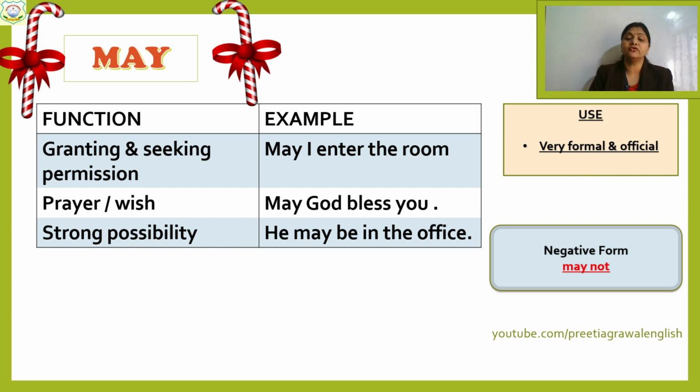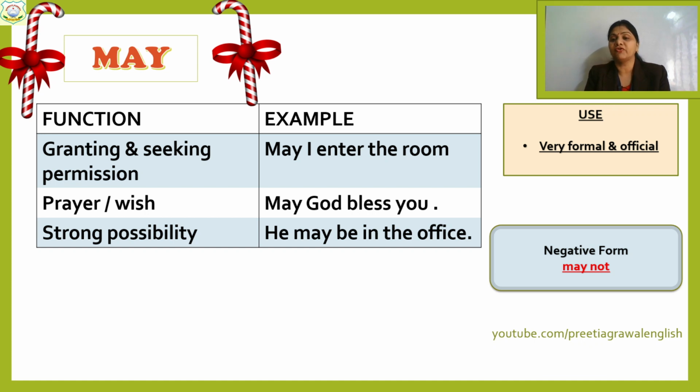When you ask your teacher in class, may I go to drink water? That is the correct sentence. If you are saying to your teacher, may I go, you are seeking permission. You are asking for the permission. May I go? And if your teacher says, yes, you may, it means that she is granting you the permission. So may is official. It is formal. Because in school, we all show formality.